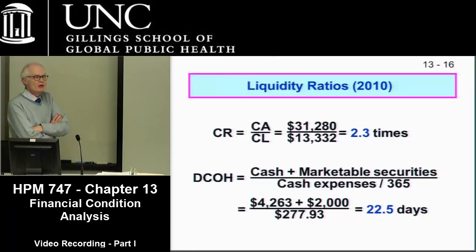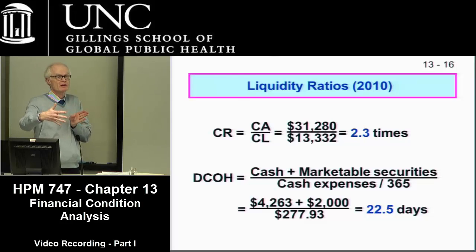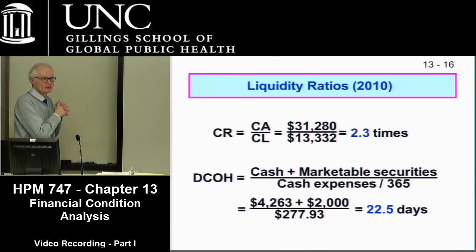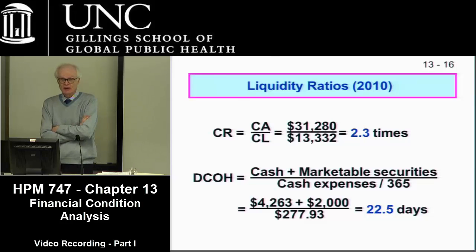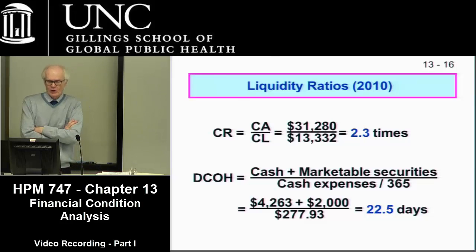Exactly. So for every dollar of liabilities, every bill that you have over the next 1 year, you've got $2.3 in assets, short-term assets, to meet those liabilities.